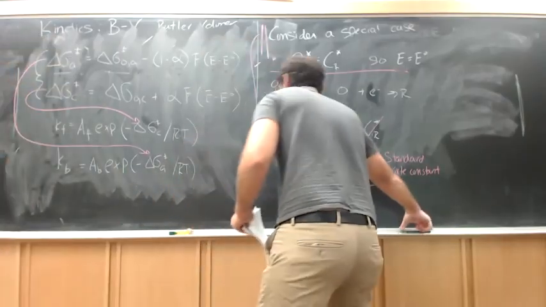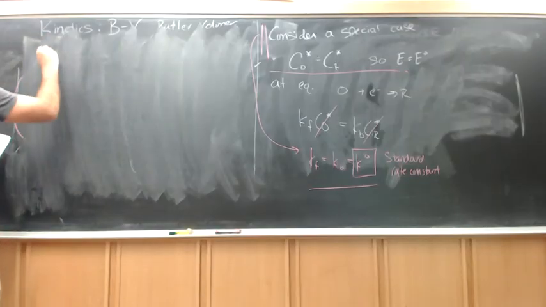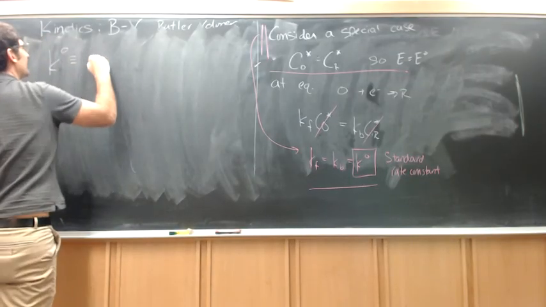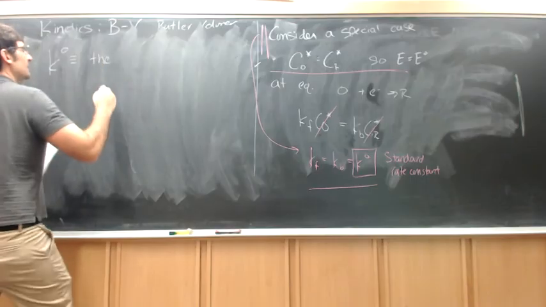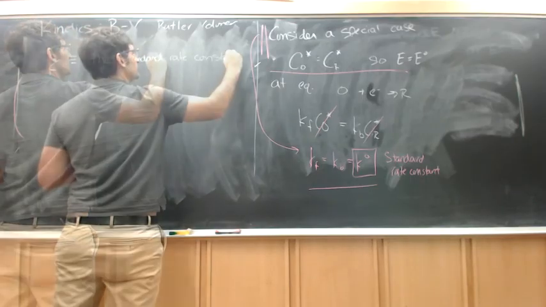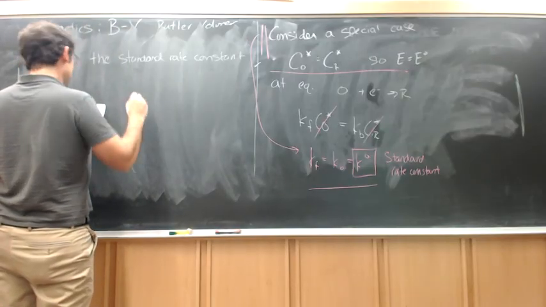So let's give a definition of K naught in words. K naught is the standard rate constant, so we define that. Let's write it again.